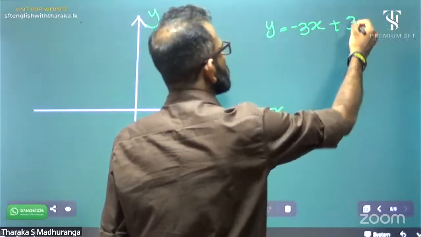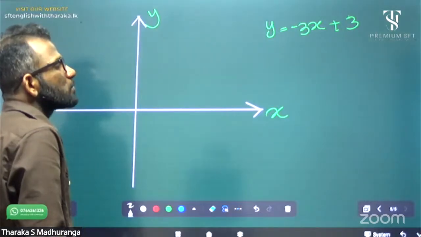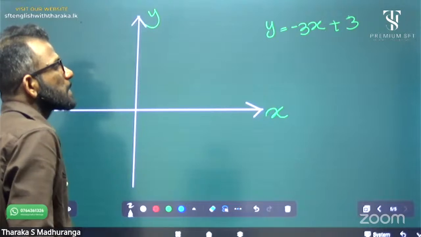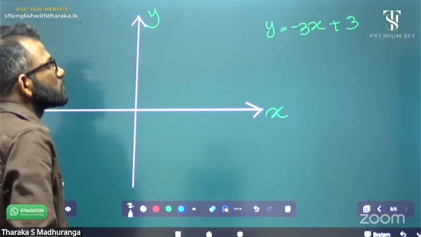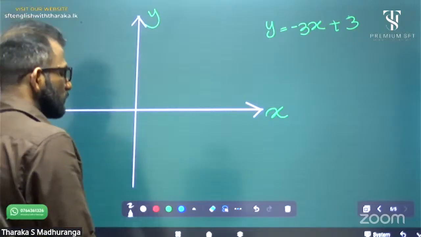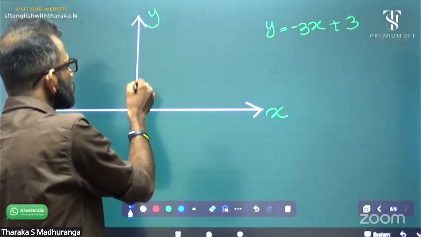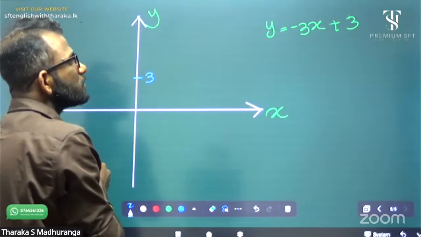The y-axis cutting point is 3. Three is the y-axis cutting point, c. And the gradient is minus 3.